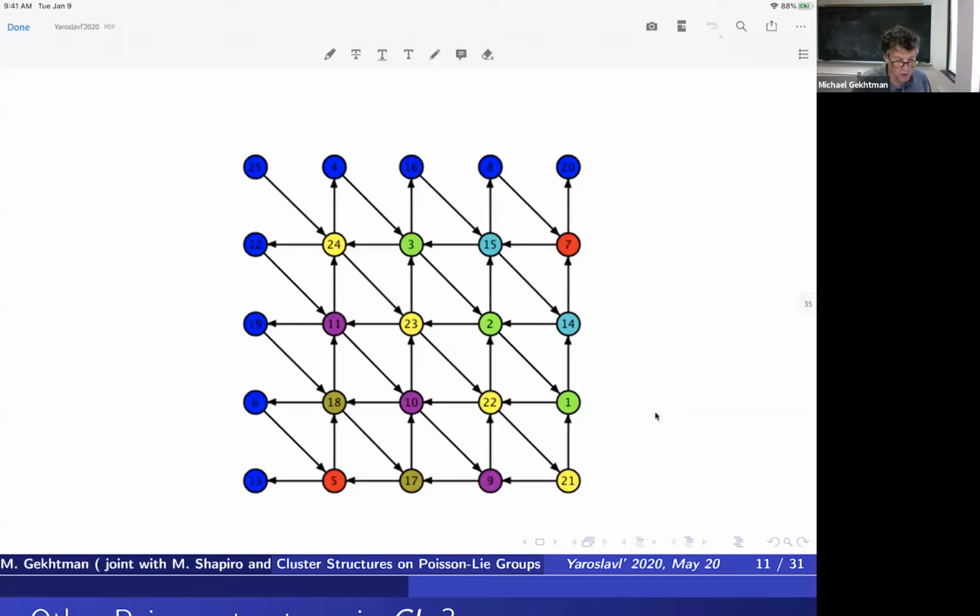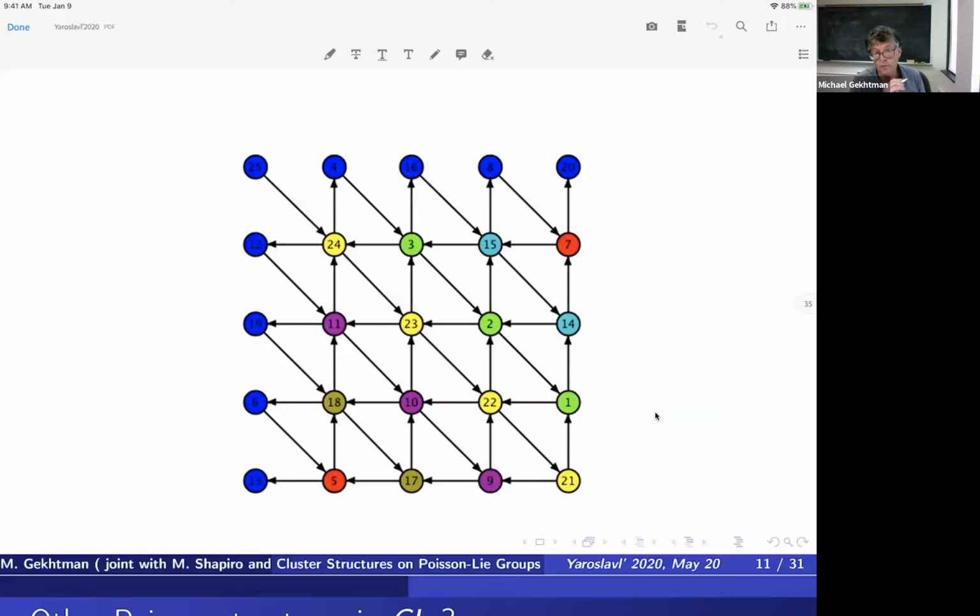You will notice that on the border we have all these blue vertices, and those are frozen ones. They represent the maximal family of minors which just grow along the anti-diagonal from the upper right corner down to the lower left, and in the opposite directions.